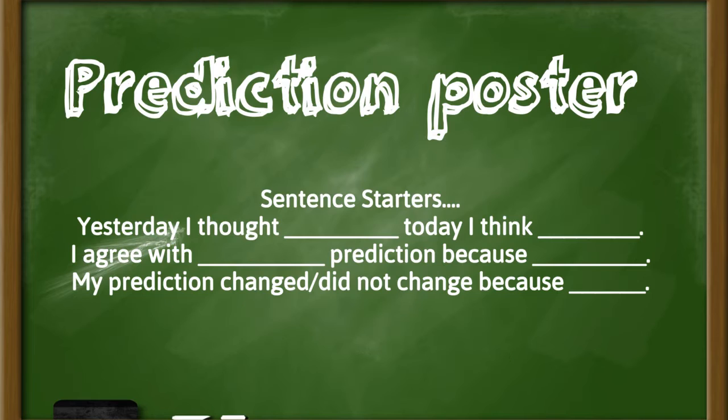Yesterday, as a class, you made a prediction poster. You made different predictions on what you thought was going to happen to the different types of matter and maybe even how to classify the different types of matter. I want you to take some time now to revisit that poster. After you started your observations or got a better idea of the different steps that we are going to take to classify different types of matter and what categories we are going to look at, I want you to talk about your predictions.